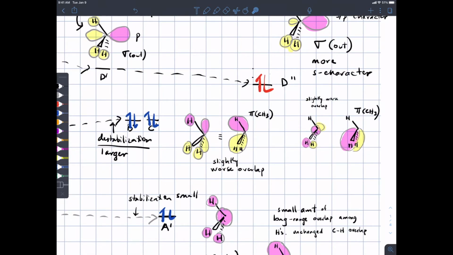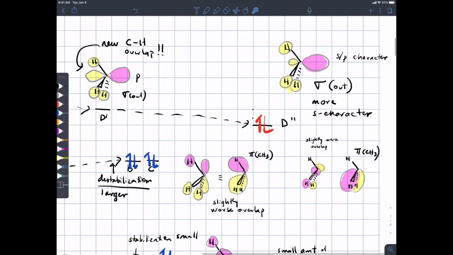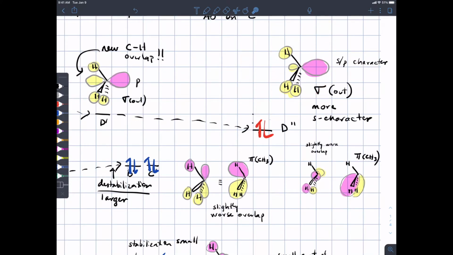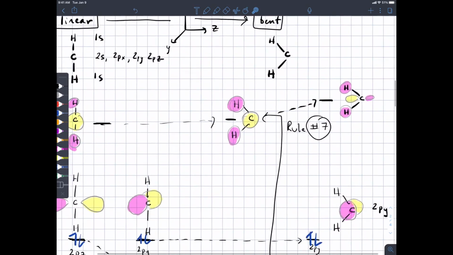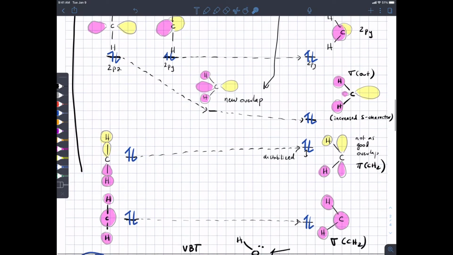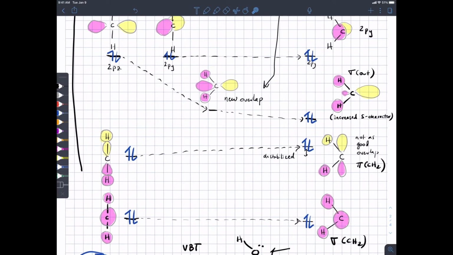One of them involved all the hydrogens, the other involved just 2 hydrogens, and one was left out in a node. And then we had a sigma out orbital. So those are our 4 group orbitals for methyl. Similarly for bent CH2, you've got a sigma, a pi, a sigma out, and then a 2py orbital. All right. So with that, I'm going to switch to Gaussian and run.